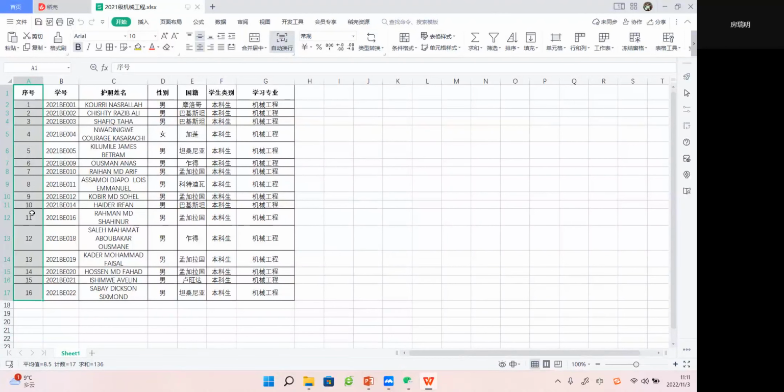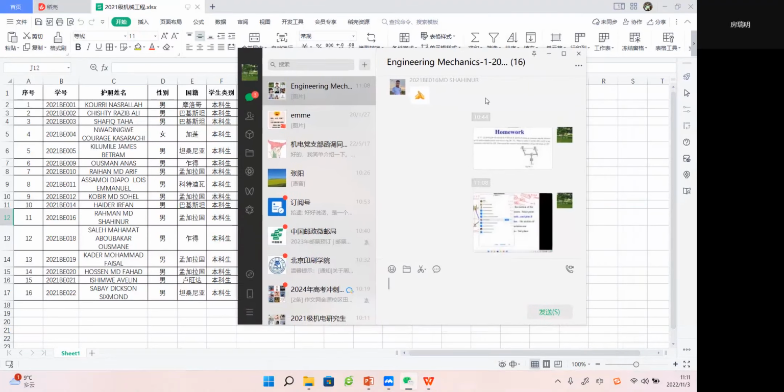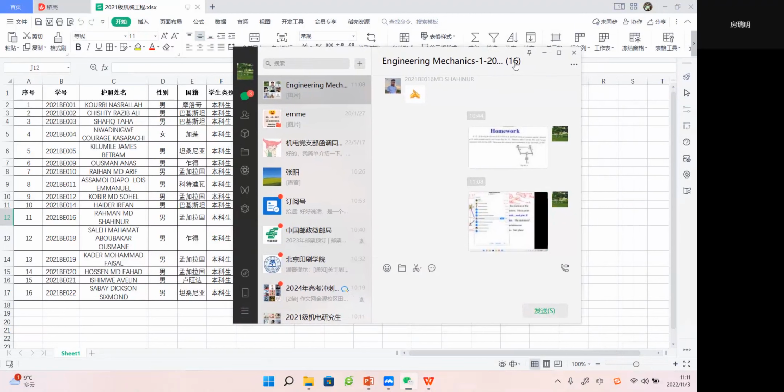So you can see the latest update: the number of students in this class, Mechanical Engineering 2021, should be 16. But I think in our WeChat group you will find that if I drag it into here, there are only 16.